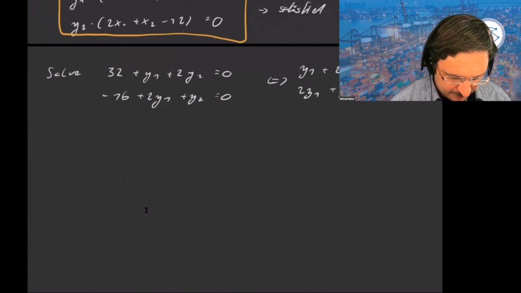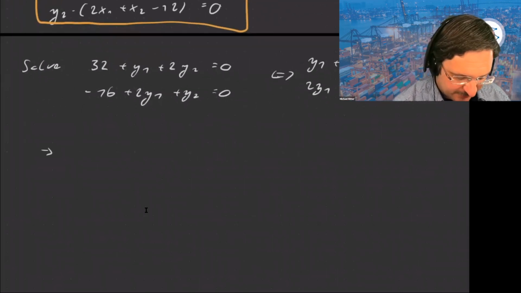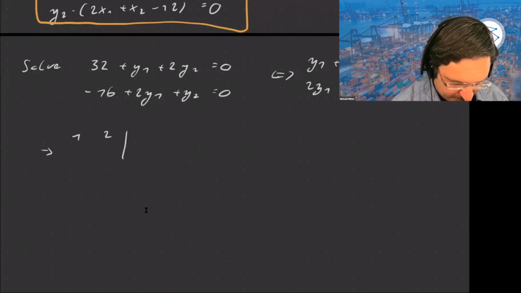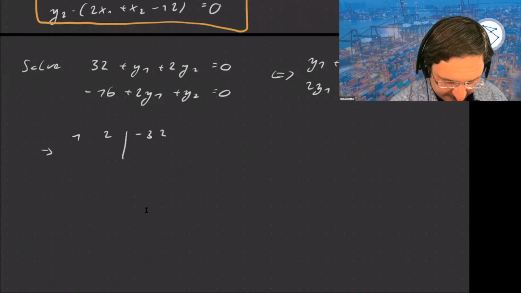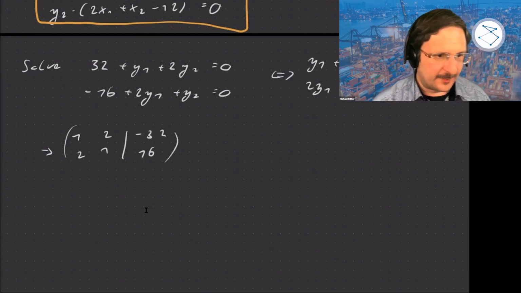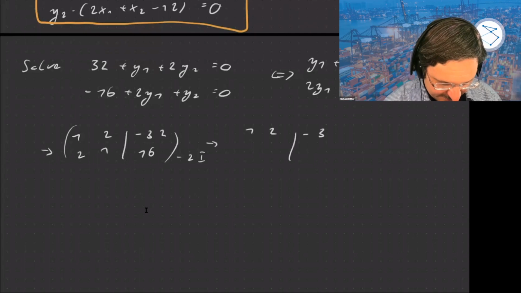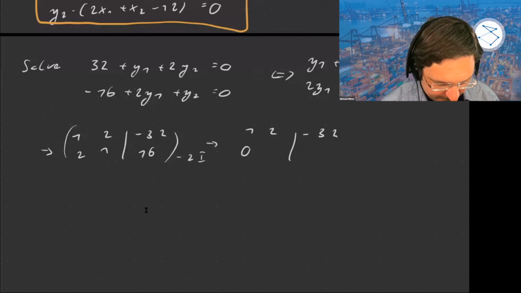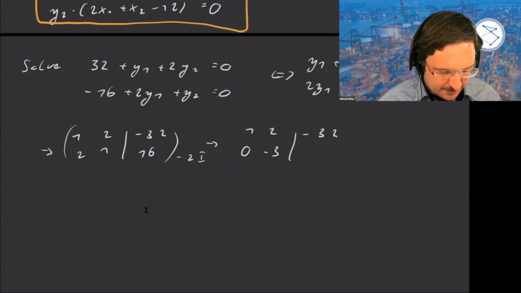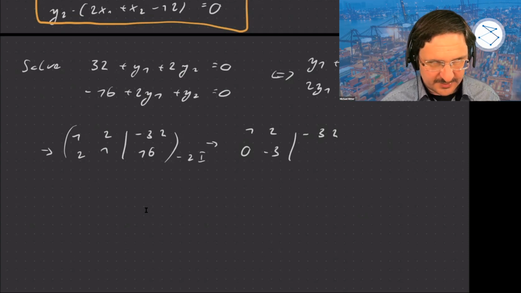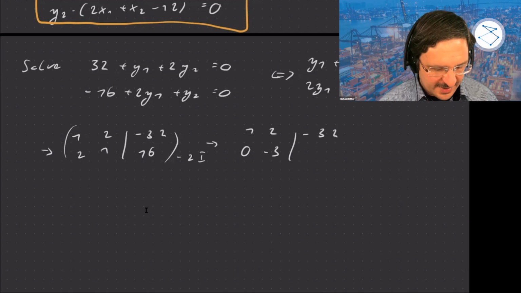So we can use simple Gaussian elimination to compute the result here. So that's 1, 2, right-hand side minus 32, 2, 1, and right-hand side 16. So let's just subtract 2 times the first row from the second. And we get, let's see, there's a 0. Then we have 1 minus 4, that's a minus 3. And 16 plus 2 times 32, that's 64, so that's 80.